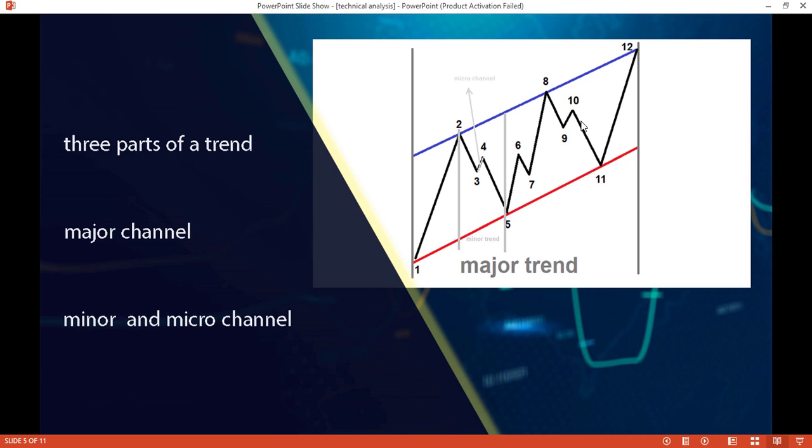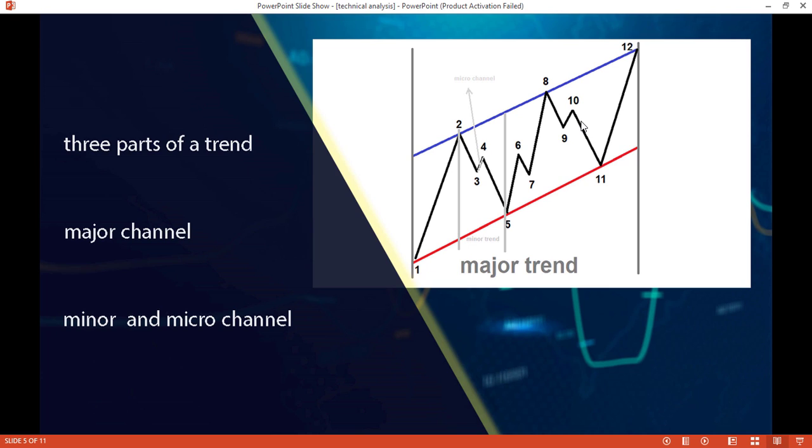These are micro movements and mostly they don't take more than 3 weeks, or in most cases they take about 1 to 3 or 4 days, but in very few cases they take more than 3 weeks.